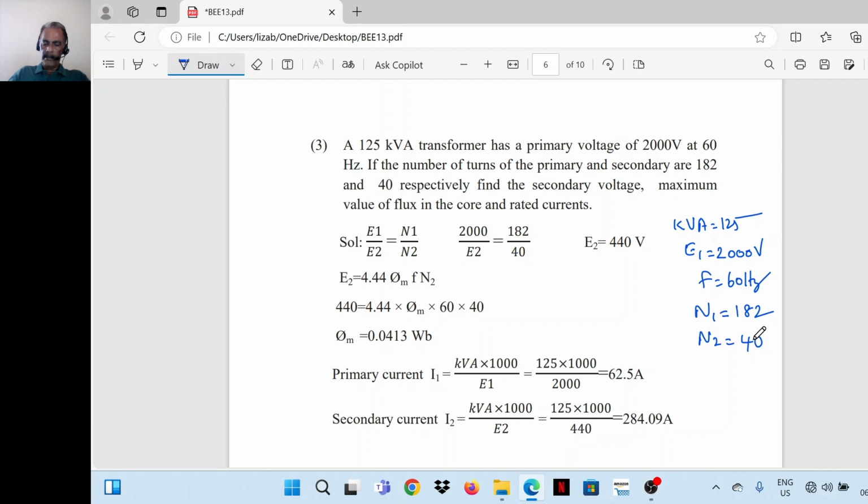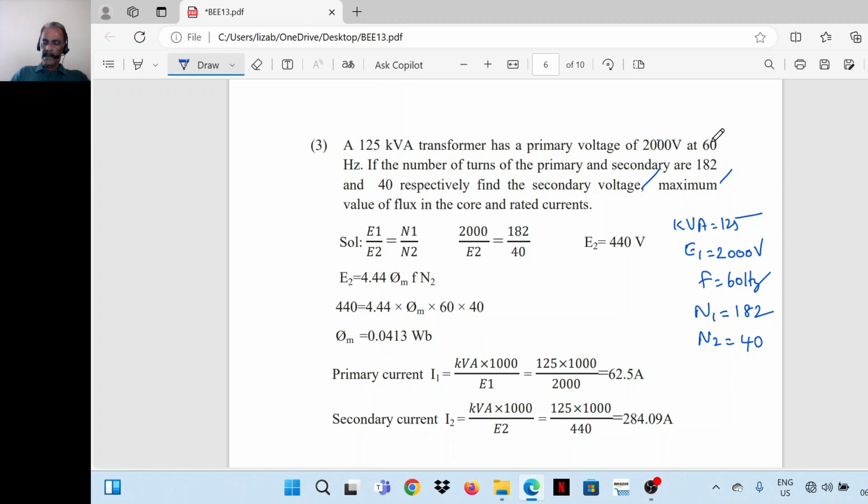Find the secondary voltage, that is E2, the maximum value of flux in the core, that is phi m, and the rated currents, primary current and secondary current.